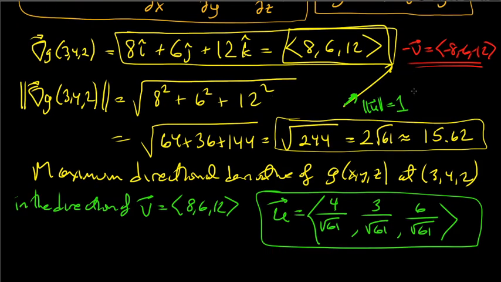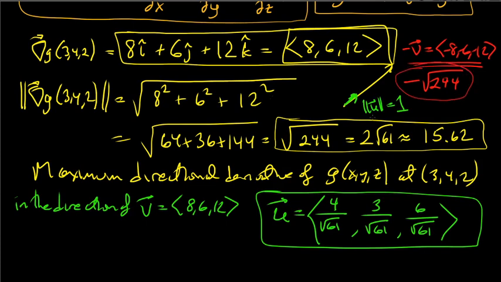Or the book would say the minimum increase in temperature, but if you're traveling in this direction, the rate of change of the temperature will be negative square root of 244, because you're going in the direction in which the temperature is decreasing.